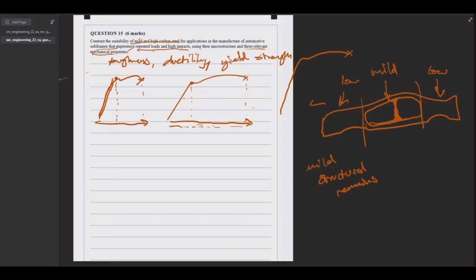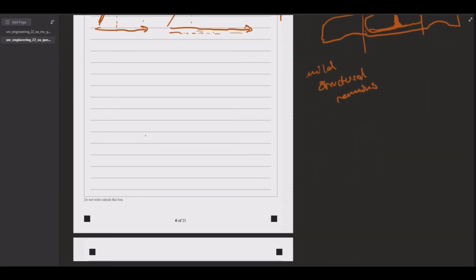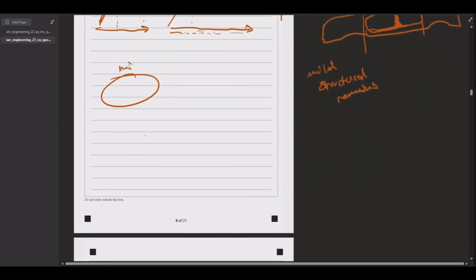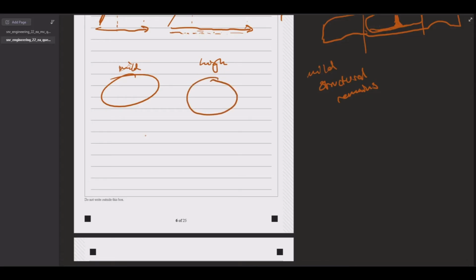Now we just have to do the microstructure. So if we compare the microstructures of mild carbon steel and high carbon steel, let's make that a bit more of a circle. Let's assume that the high carbon steel is a perfect eutectoid mixture. So we're going to have all pearlite regions, and the lamellar lines are going to be going in different directions. That's the reason those grains form, remember?